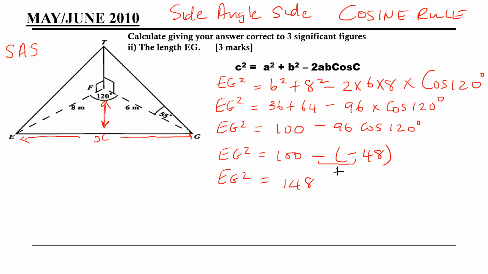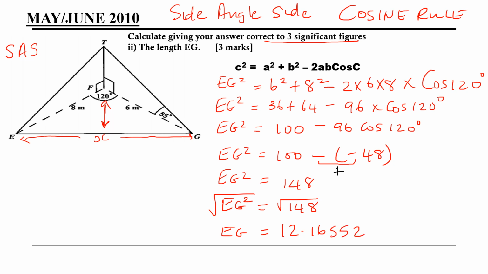We want to find EG, but it's squared, so we're going to square root both sides. EG is equal to the square root of 148. What is the square root of 148? Keeping in mind that our answer has to be given to 3 sig figs. My answer came out as 12.16552.